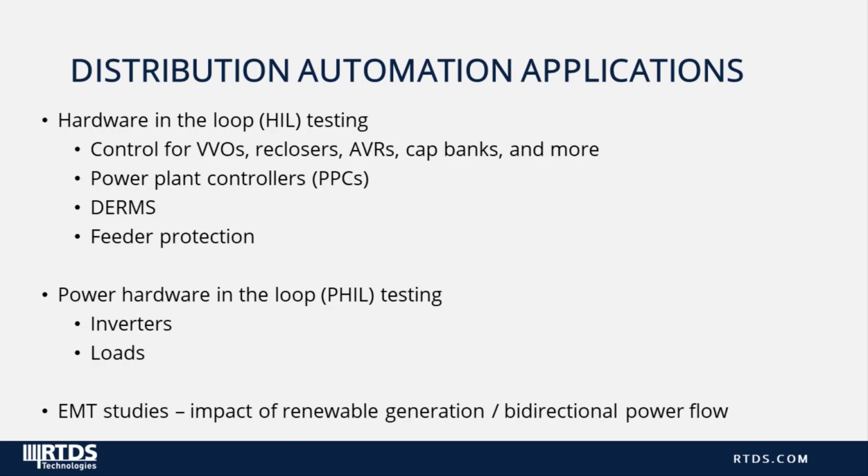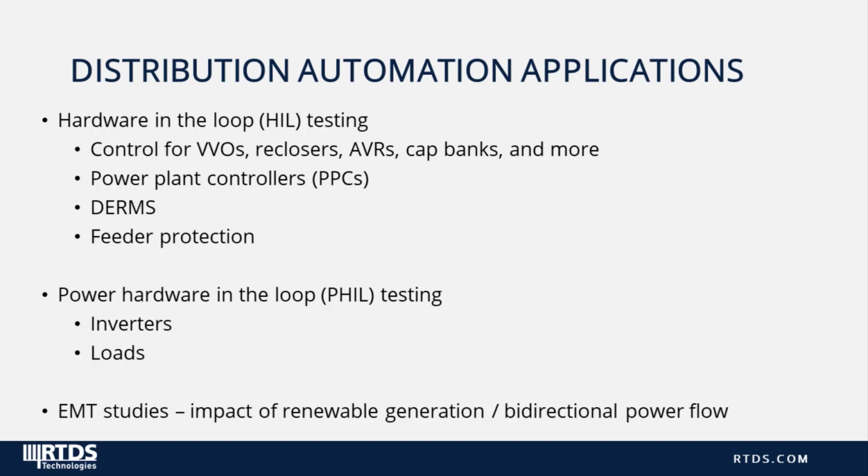Distribution energy resource management systems, or DERMS systems. This might mean there's a software in the loop component to the testing. And distribution protection, whether it's a feeder protection relay, transformer protection, or what have you. There's also power hardware in the loop testing, where actual power devices are connected in a closed loop with the simulation via a 4-quadrant amplifier.